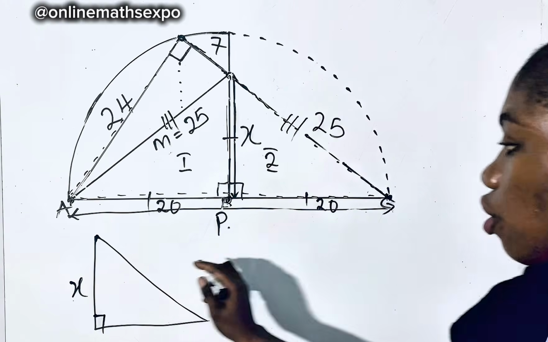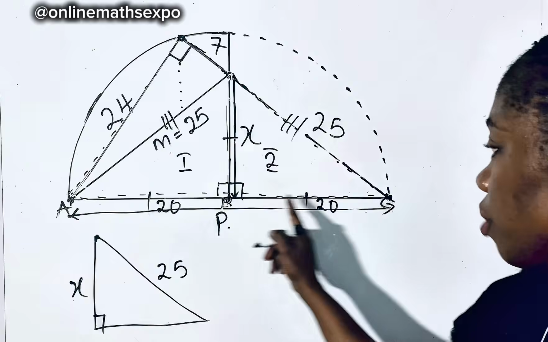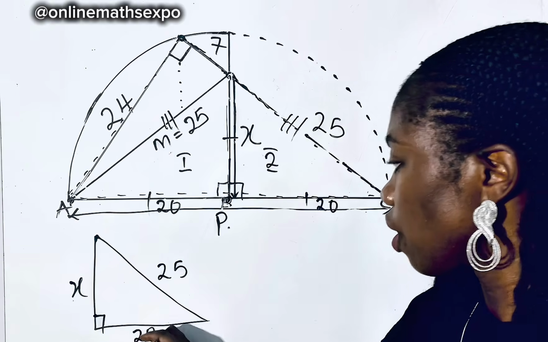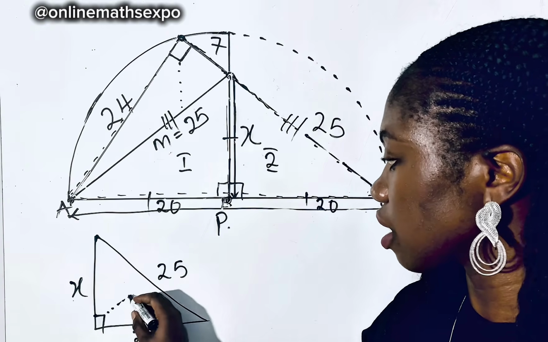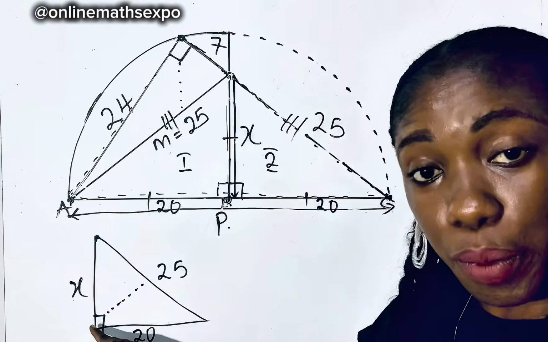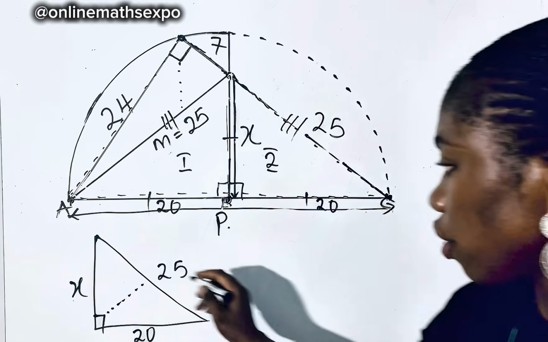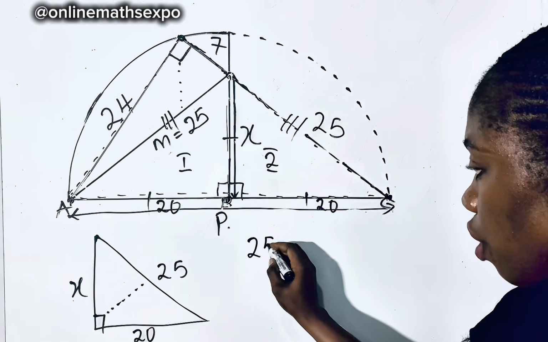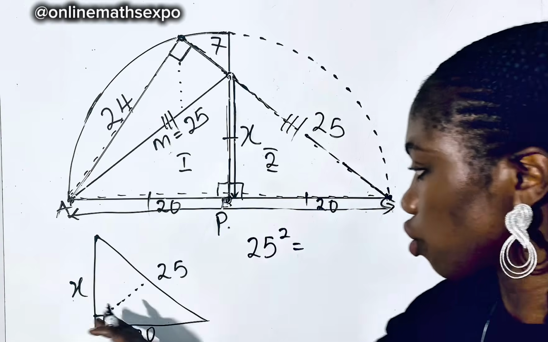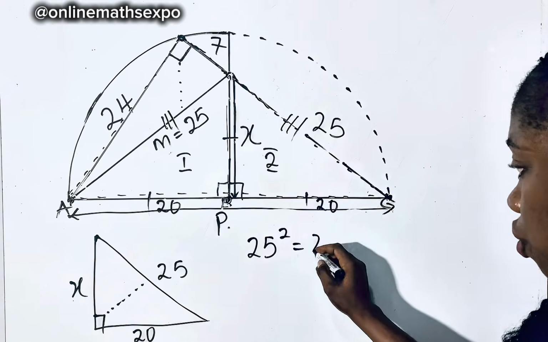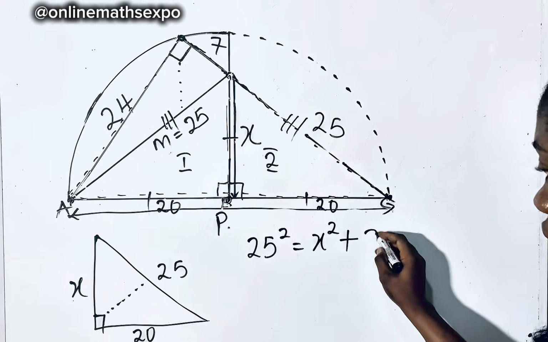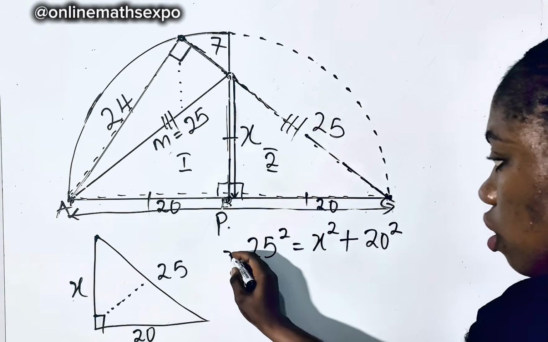From here to here measures 25. From here to here measures 20. So to get this length, remember this side is the longest because it's opposite to the right angle. So we are going to now use Pythagorean theorem. 25 squared will be equal to the square of the two legs, x squared plus 20 squared.